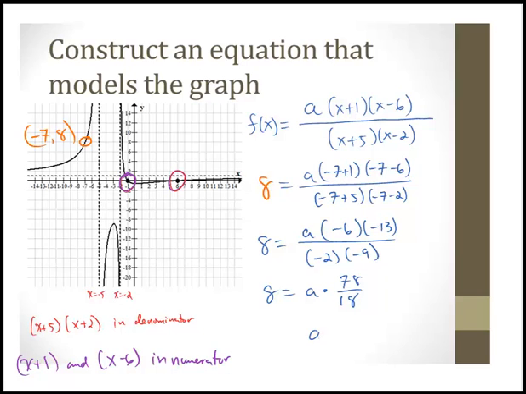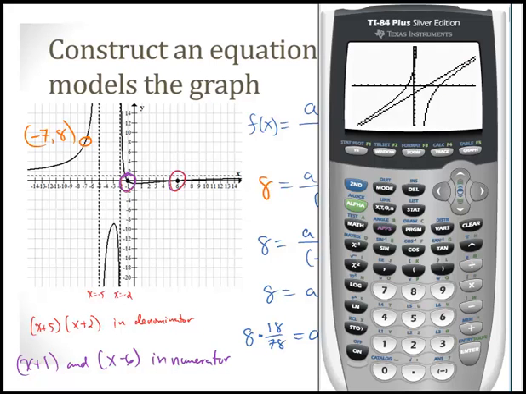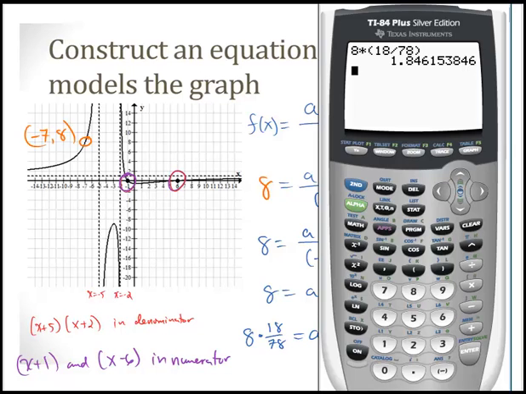So that means that a would equal 8 times 18 over 78. Alright, so now if I use a calculator, 8 times 18 over 78, about 1.8.